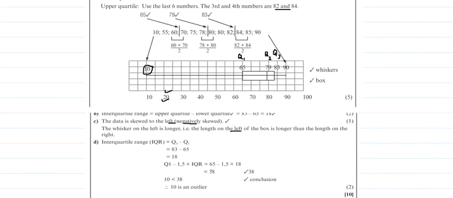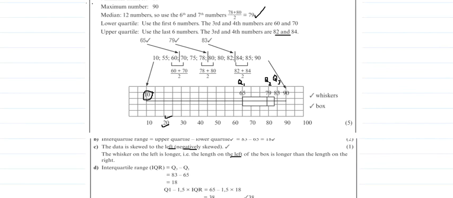So it's 65 minus 1,5 times 18, which is 38. And the value 10 is less than 38, which indicates to us that it is an outlier to the rest of the data. So in that way we determine that the value 10 is an outlier.